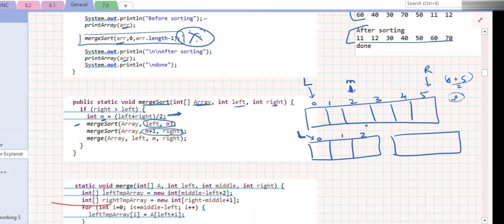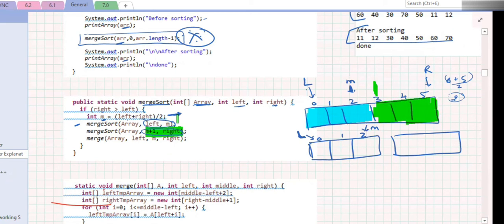So that means they have split it like this. You are passing your array from left to mid, which means you have this part, and you're calling merge sort on this part. Then you have to call merge sort again with m plus 1 to right. So m is here, m plus 1 will be somewhere here, to right. That means this part.